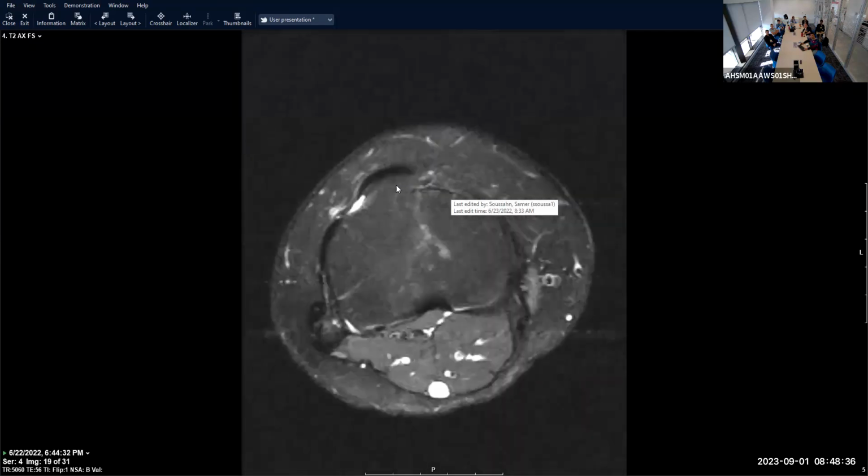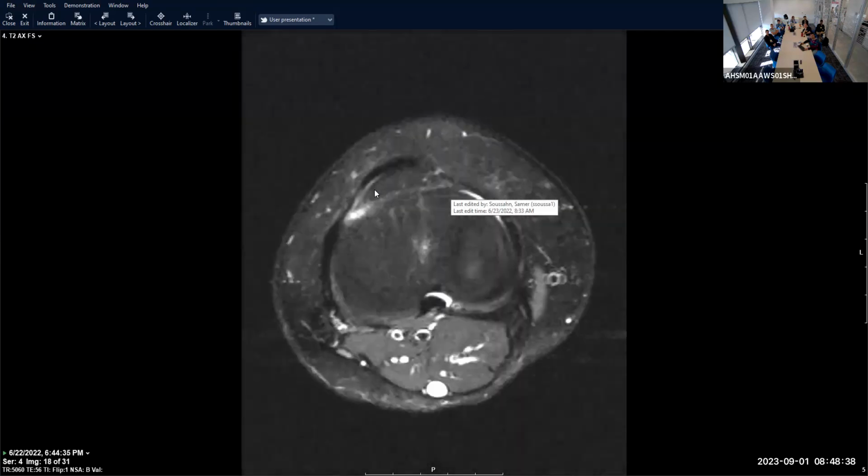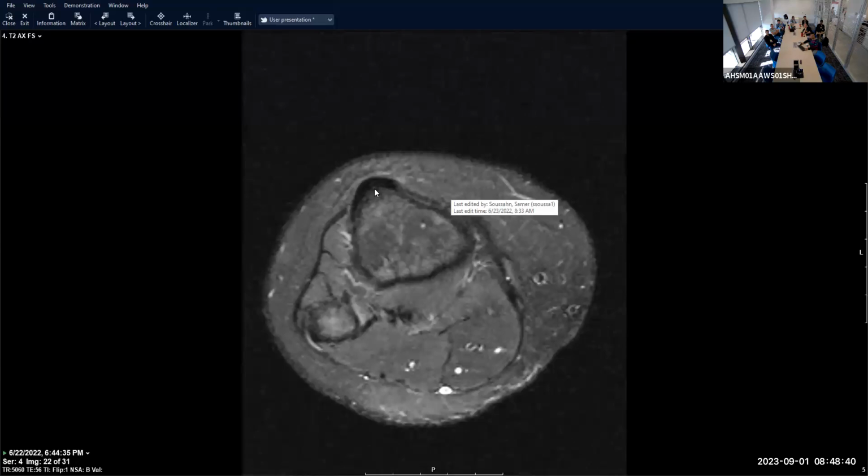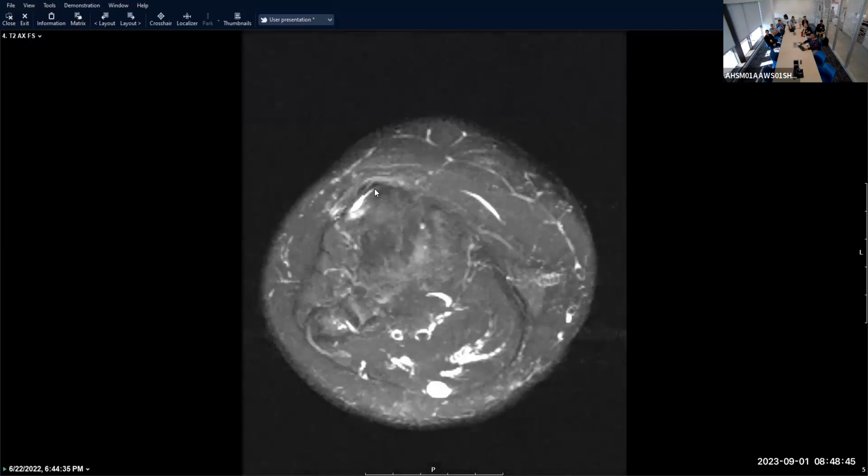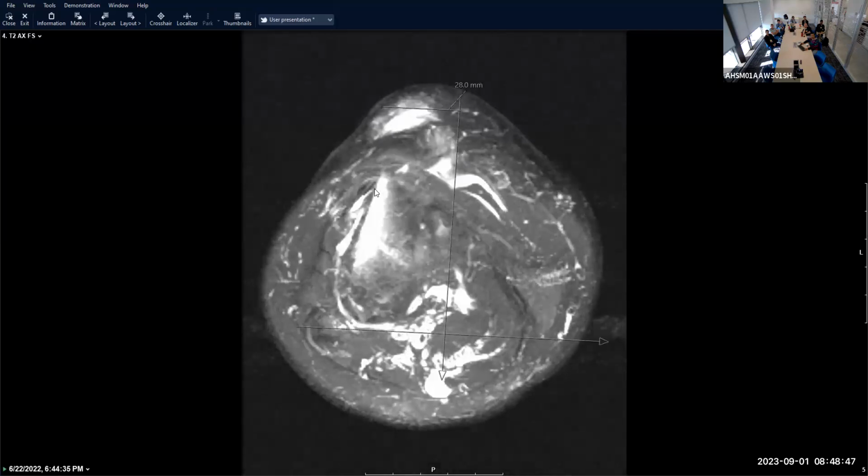Then we find our tibial tubercle, the central aspect where the patellar tendon attaches, and we do a MIP, a maximum intensity projection, until we see that second line again. Then we measure from here to here, and that's our TTTG, markedly abnormal in this particular case.